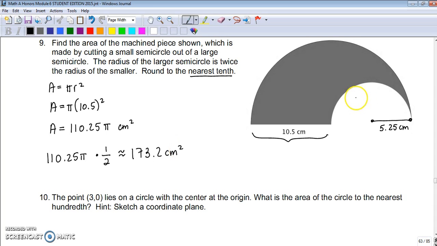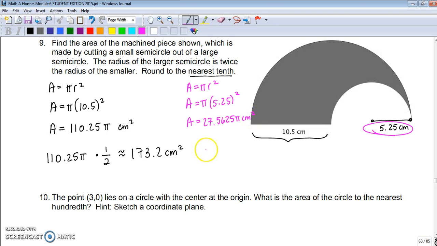Let's do the same thing for this radius in this smaller circle. And we still have a little more work to do after that. So this would be area equals the same formula we've been using, pi r squared. 5.25 squared is 27.5625 pi centimeters squared.